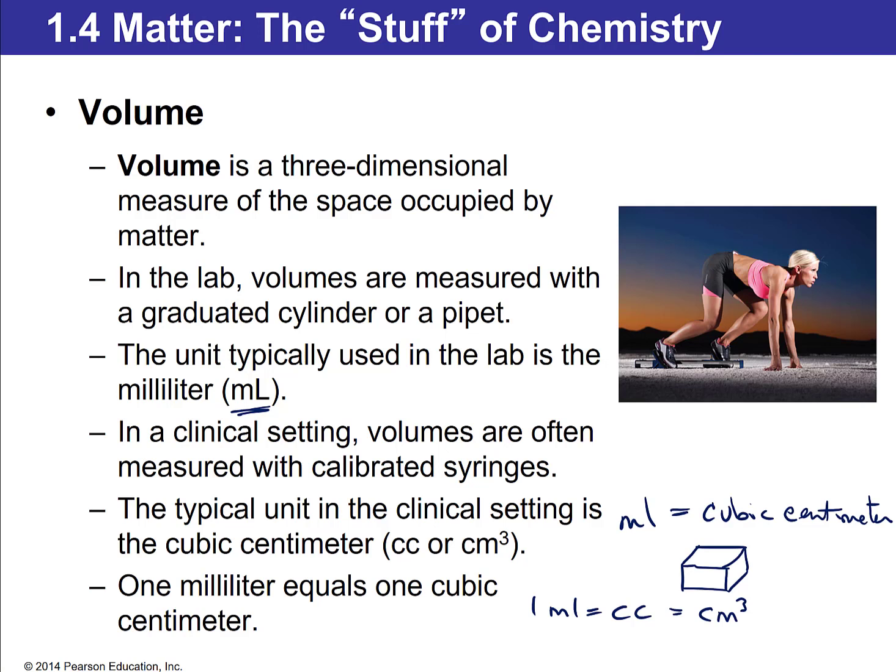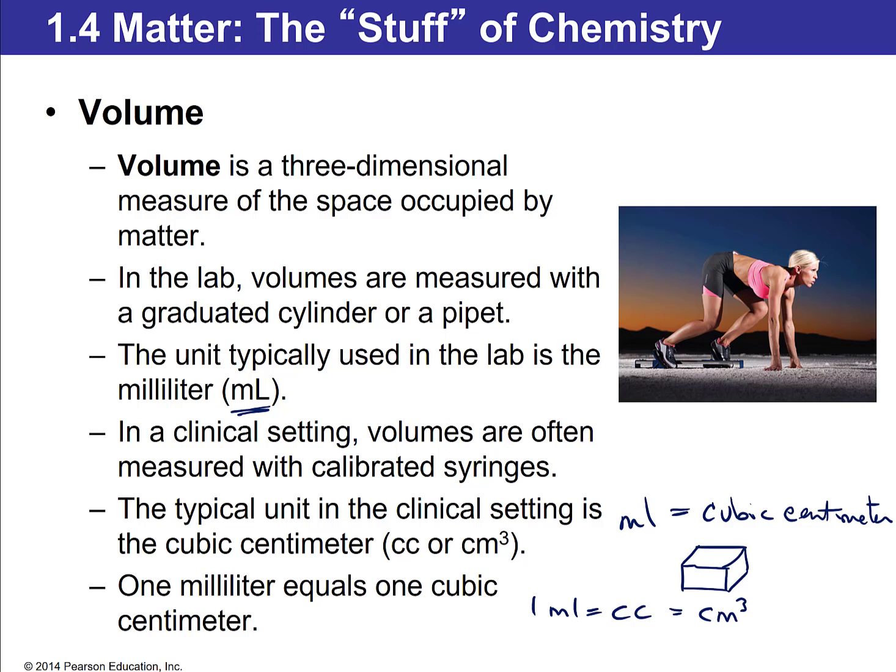But a milliliter and a cc, which is a cubic centimeter, or a cm cubed, are all the same unit. By definition, if you had a little cube that was 1 centimeter tall, 1 centimeter wide, and 1 centimeter deep, it would hold a 1 milliliter volume. So those are actually the same units. If you've talked about syringes of cc's, a 3 cc syringe is the same thing as a 3 milliliter syringe.